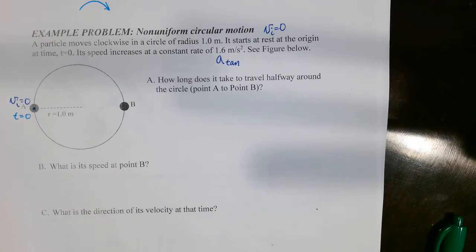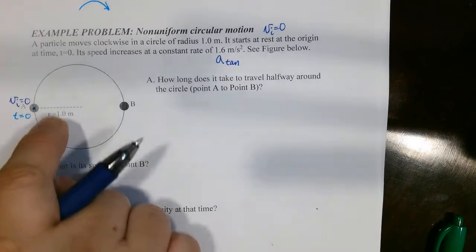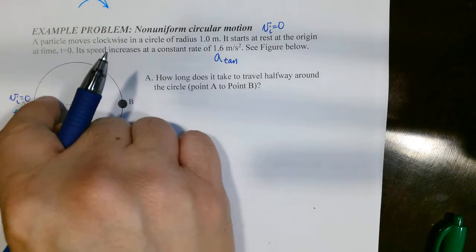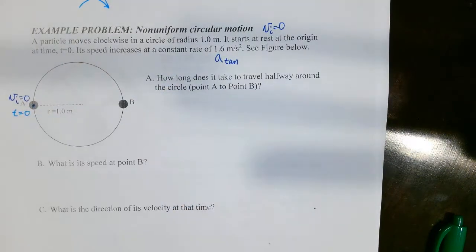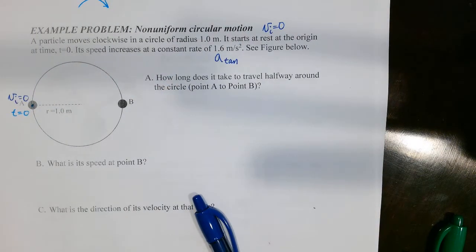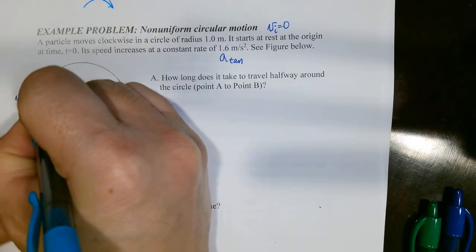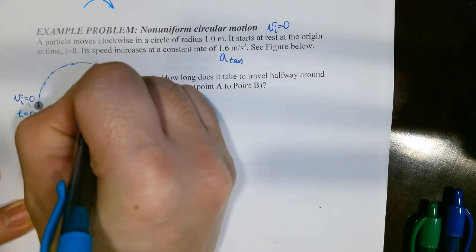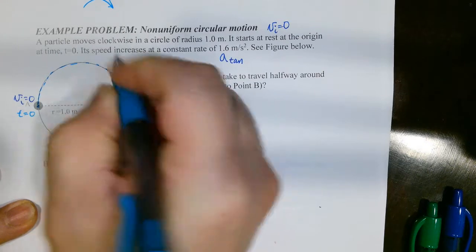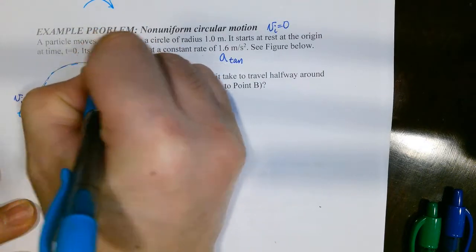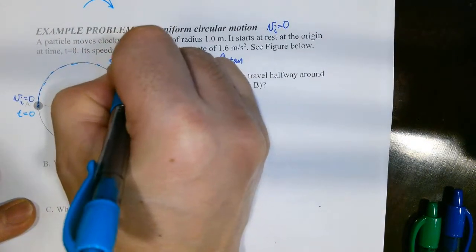So, when it travels in this circular arc right here, okay? This circular arc is distance s. So here, s is equal to distance traveled, right?